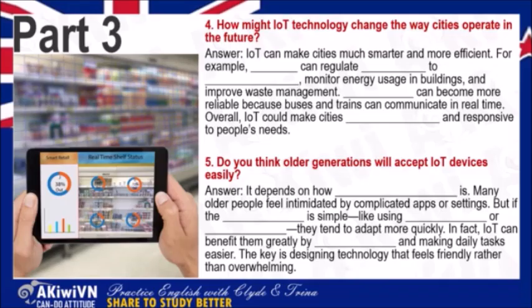But if the interface is simple, like using voice commands or one-button controls, they tend to adapt more quickly. In fact, IoT can benefit them greatly by improving safety and making daily tasks easier. The key is designing technology that feels friendly rather than overwhelming.